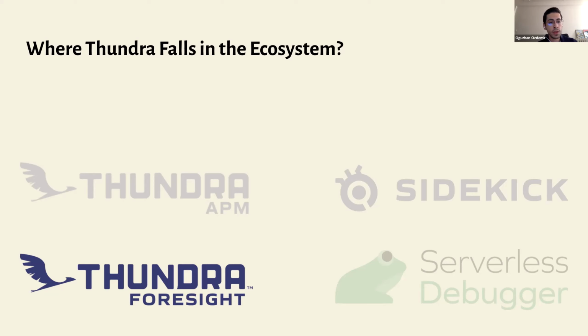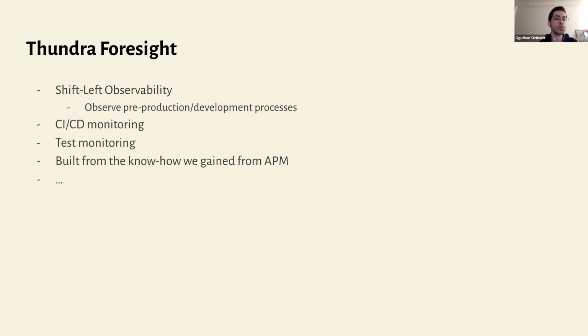In this ecosystem, Thundra extends from the production line to the left-hand side, and we want to cover everything. We want to observe the pre-production line as much as we observe it once the code goes live. These are the pain points that originated Thundra Foresight, and with this shift left observability trend, we want to have a place in this ecosystem, basically.